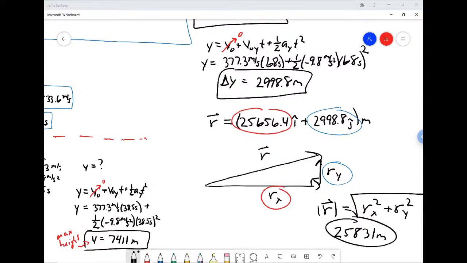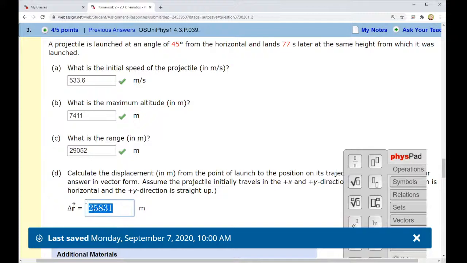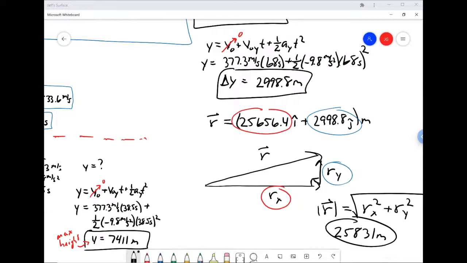So I got 25,831 meters. Oh, it wants me to put them in using vector notation. So I would put in my answer exactly like I've written it up here. That's what it wants me to put in.